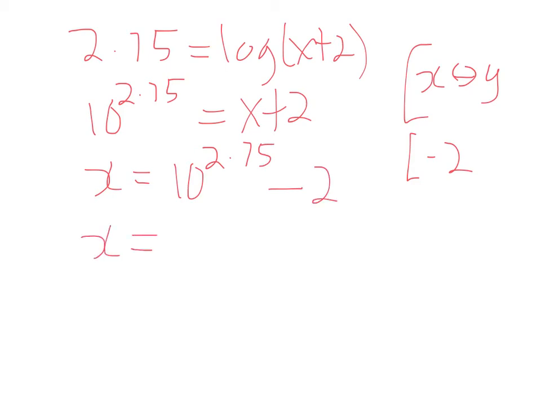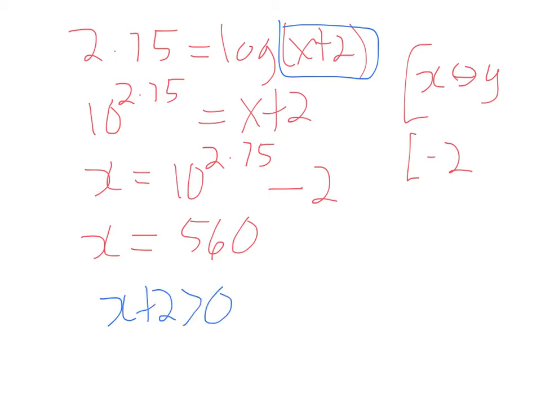X will equal 560. Wow, that's really far to the right, but I think we're going to understand why in a minute. With regards to our domain, we know that x plus 2 must be greater than 0, because you can't repeatedly multiply or divide anything and get a negative when your base is positive.